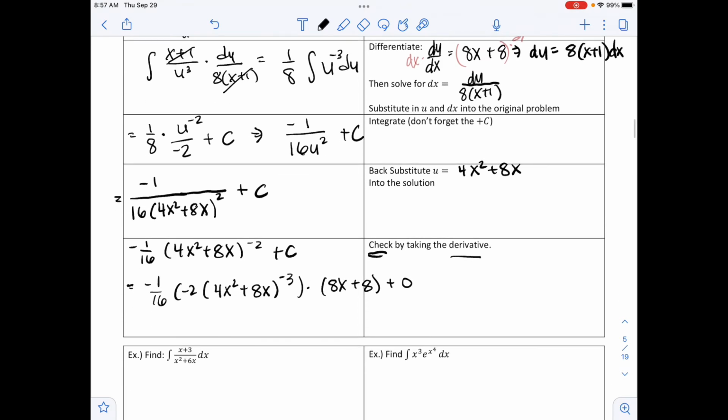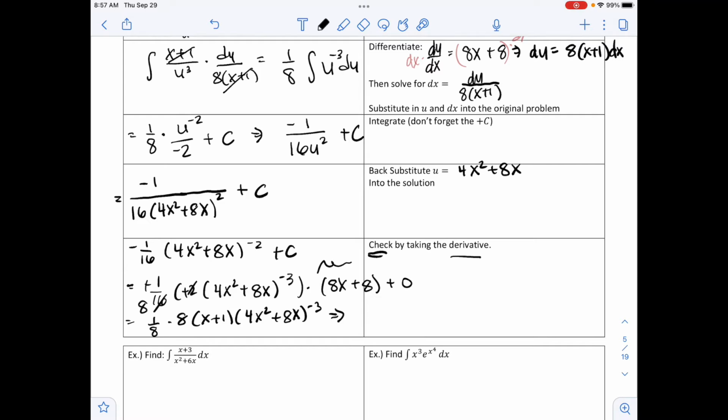And then again from here, just simplifying this, you'll notice that your negatives would cancel, your 2 and your 16 would cancel, and that would become an 8. I also notice that I can factor out an 8 over here, and so I get 1/8 times 8, I'll put that out in front, (x plus 1), and then (4x squared plus 8x) to the negative third.